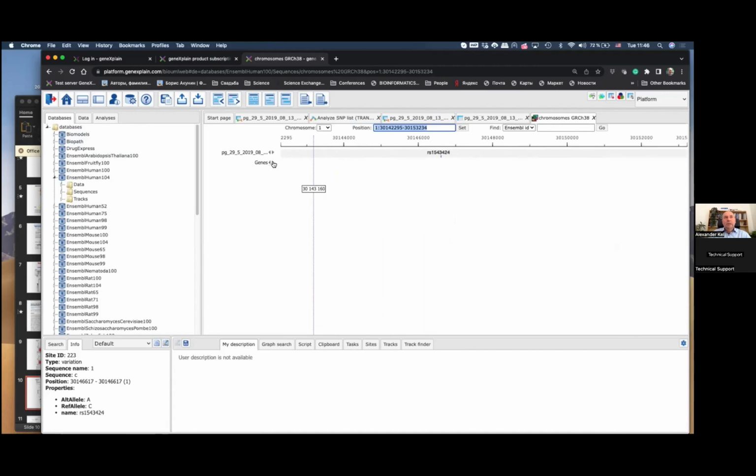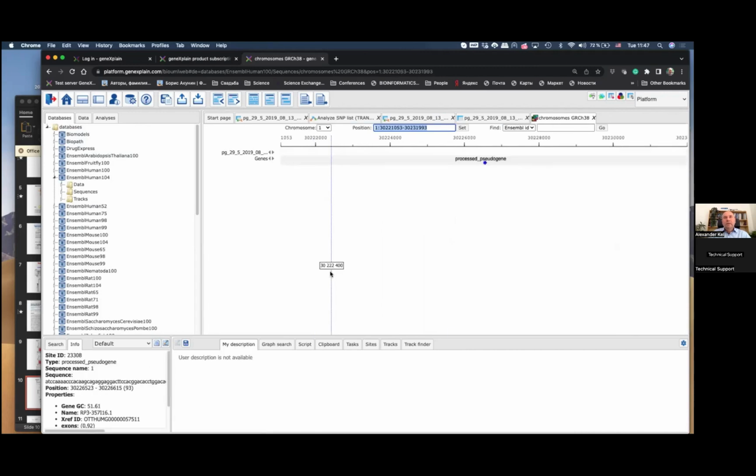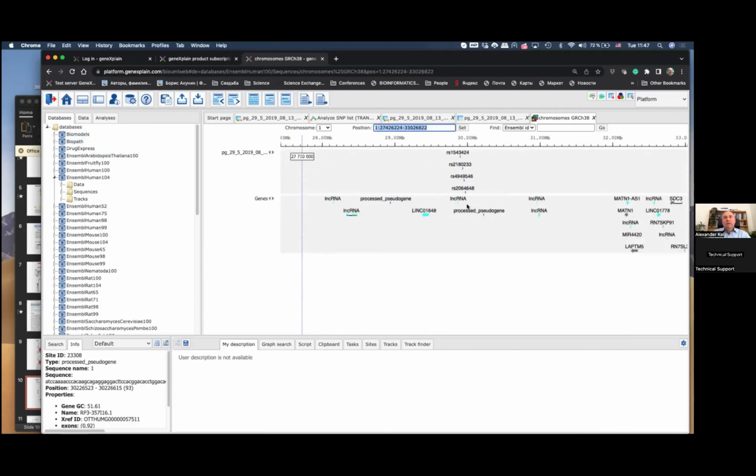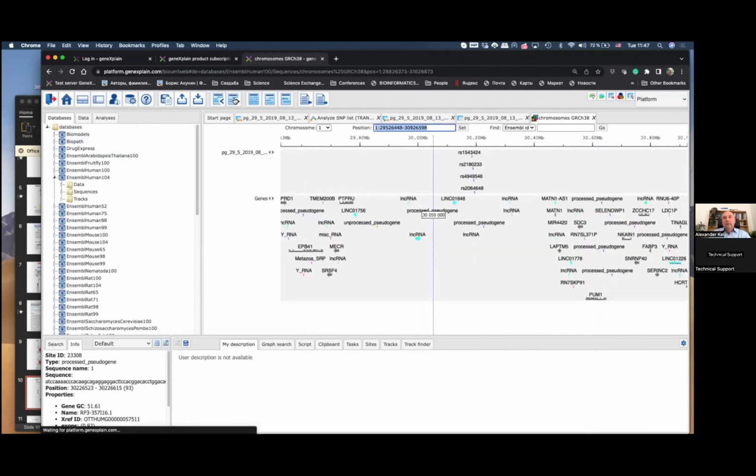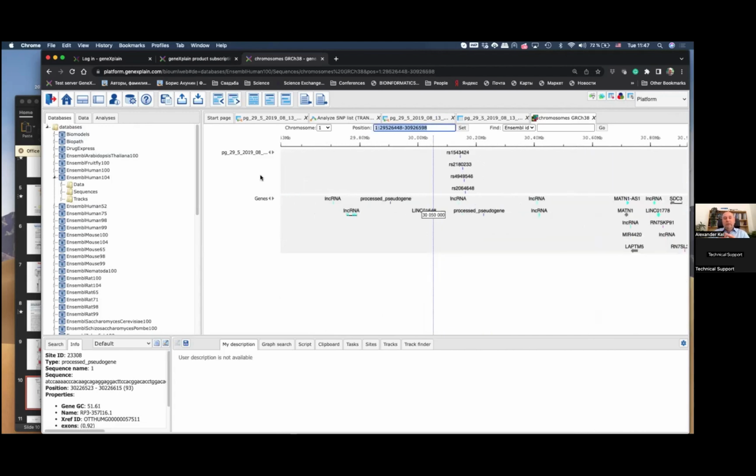So let's jump to a nearby gene, for instance. So it's a pseudogene, or if we zoom out, we see the genes and the SNPs which are located near those genes. So the first thing we want is to go back to that particular SNP of our interest, which is located near that one non-coding RNA.